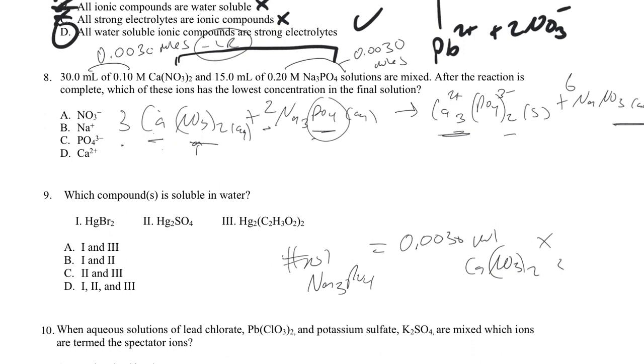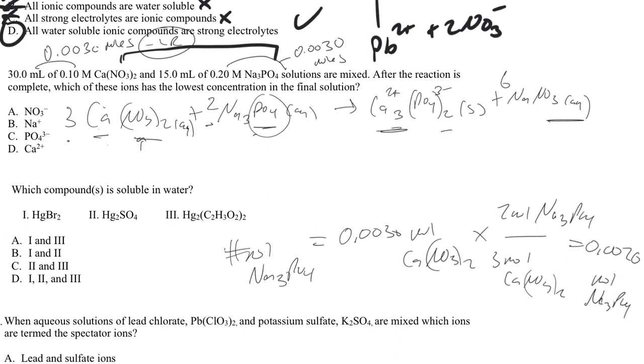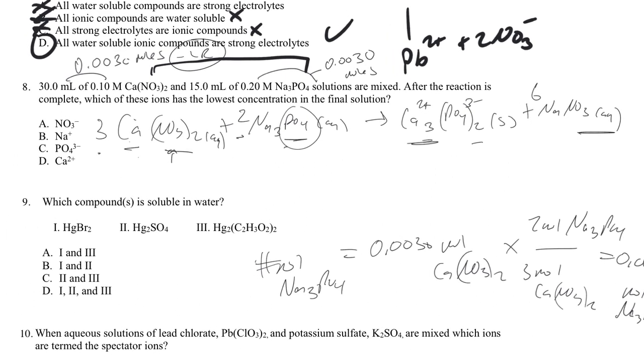Well, it's just for every 3 moles here of the calcium nitrate, we need 2 moles of the Na3PO4, which I think we could have done in our head, but if we just divide by 3 times 2 on the number of moles, it's 0.002. So 0.002, the 0.003 moles of the sodium phosphate reacts, and then all of the calcium nitrate reacts.